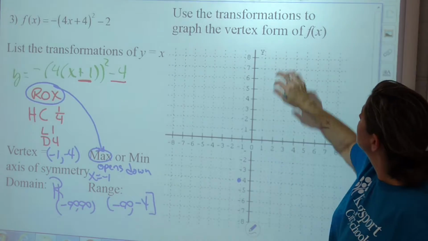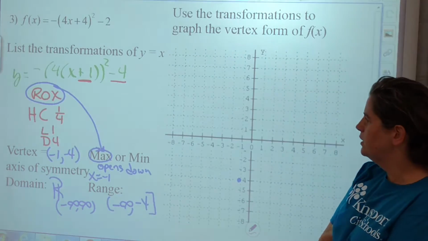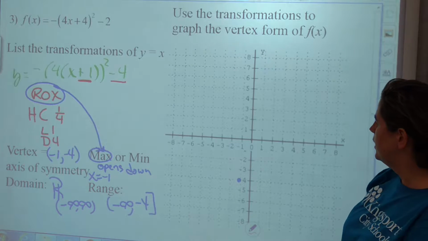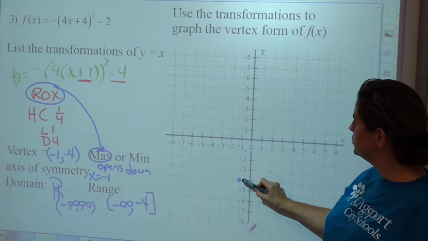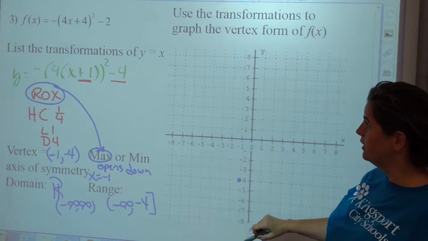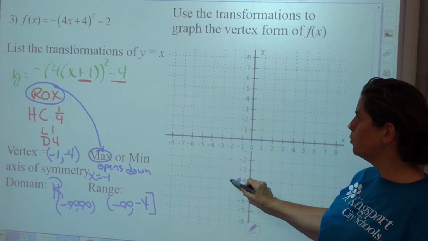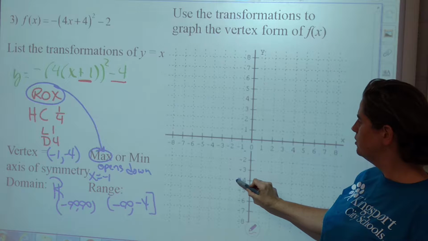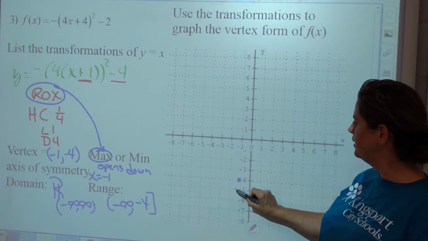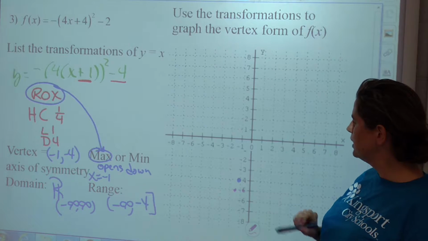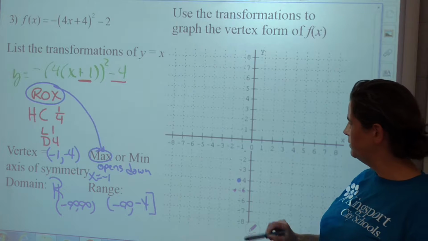To put this on the graph then, we're going to start with our vertex, -1, -4. We know it's going to open down, and our transformations will tell us to reflect, so go down. And the horizontal compression says instead of going over 1, down 1, you'll only go over 1/4 of the way to go down 1. So on both sides, you'll go 1/4 of the way to go down 1.